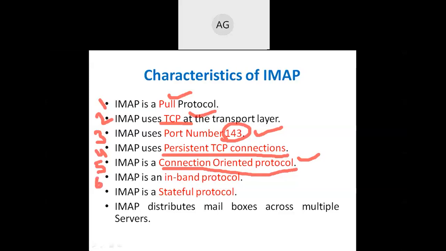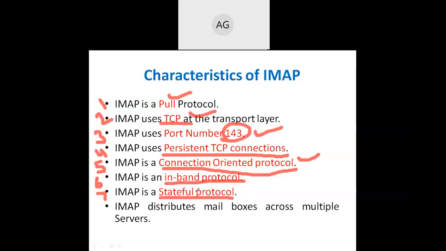The next point is IMAP is an in-band protocol. So here also the OS is doing all the functions at the local machine itself. So that's why this protocol is an example of in-band protocol. The next point is IMAP is a stateful protocol. Stateful means it saves the history of the email.